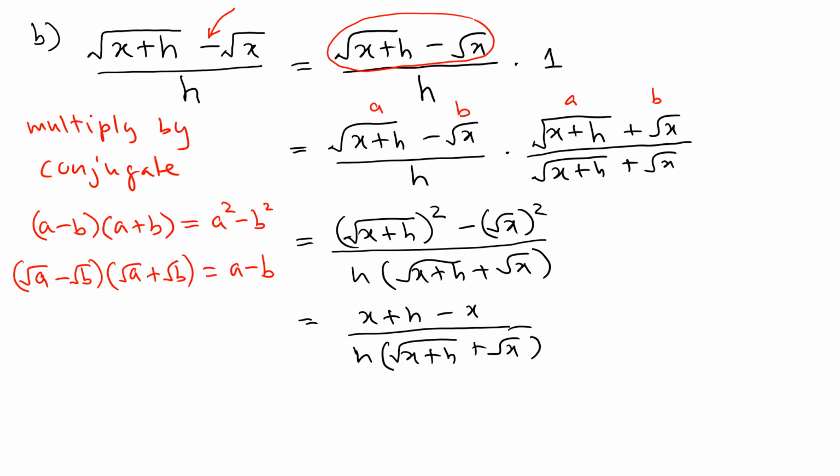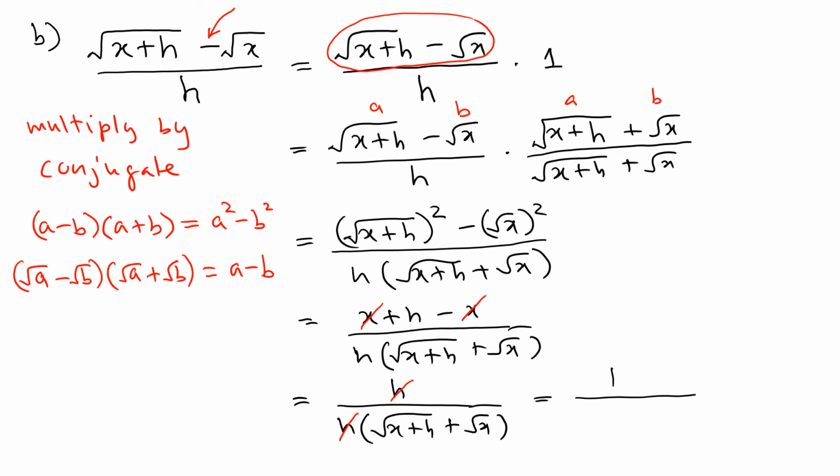I'm writing all these steps here; you can ignore some of them. Now x and x get cancelled, and we get h divided by h times the square root of x plus h plus square root x. Now we can cancel the h term. That's the second step. And then you simply end up with 1 over the square root of x plus h plus square root x, which is the complete simplification of that expression. You can see that h is now only in the bottom. This is how you can simplify terms with the square root.